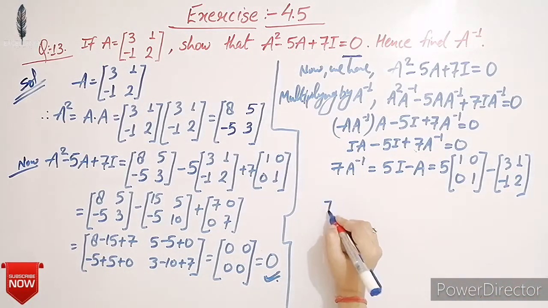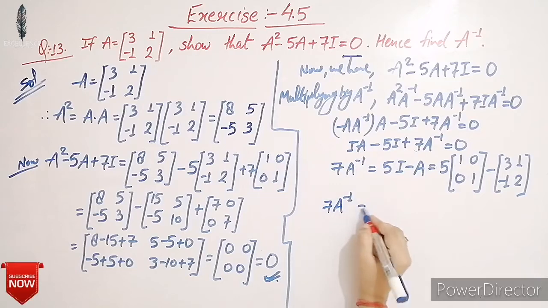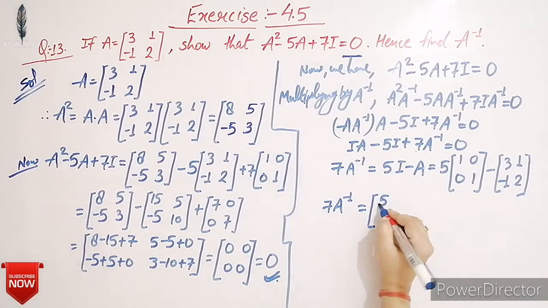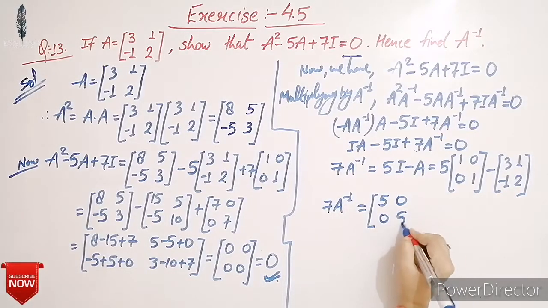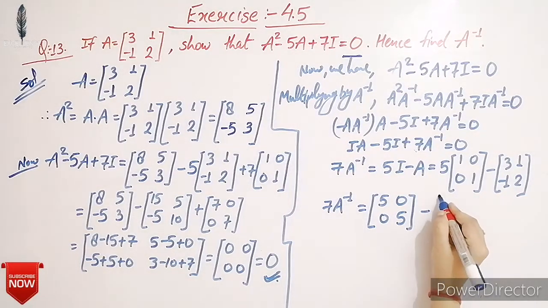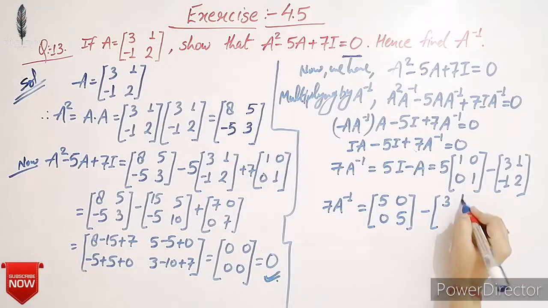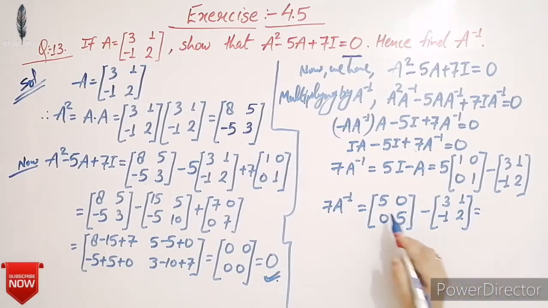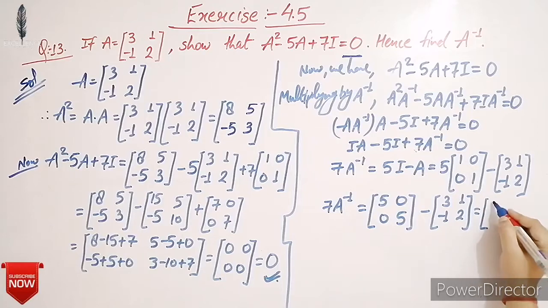So we have 7A inverse equals, on multiplying by 5, [5, 0; 0, 5] minus [3, -1; 1, 2]. On solving the corresponding elements, we have 2, 1, −1, and 3.